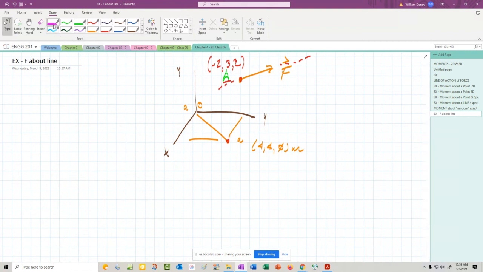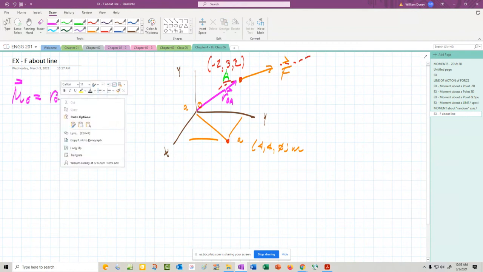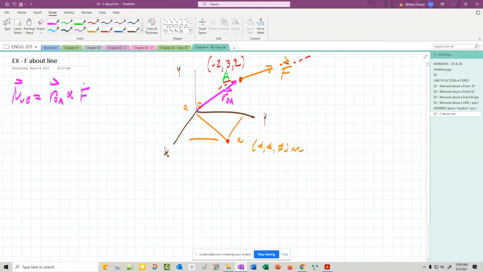Now, if we took the moment about the origin, it would be this. We'd find ROA cross with that force. We've already done it about a point.